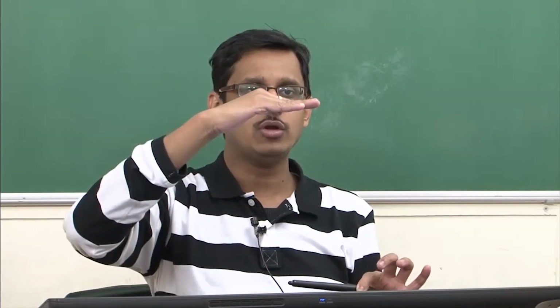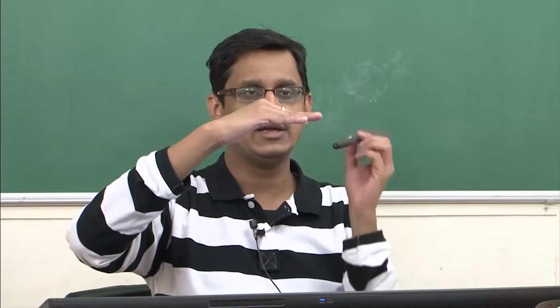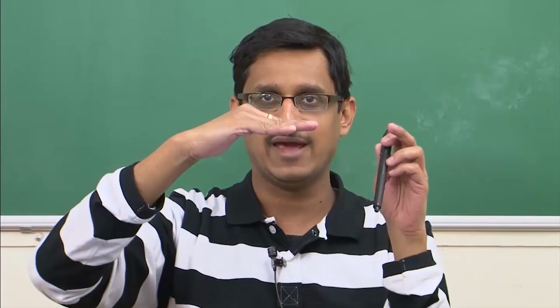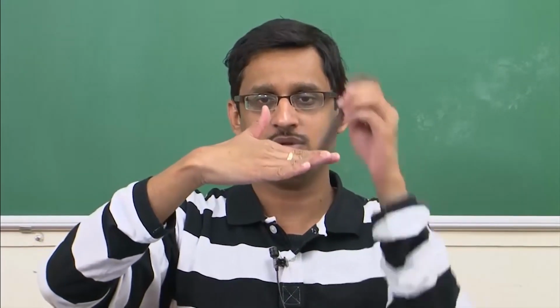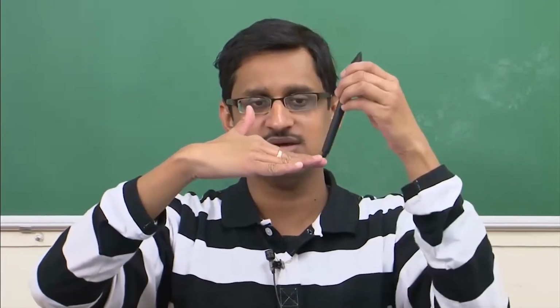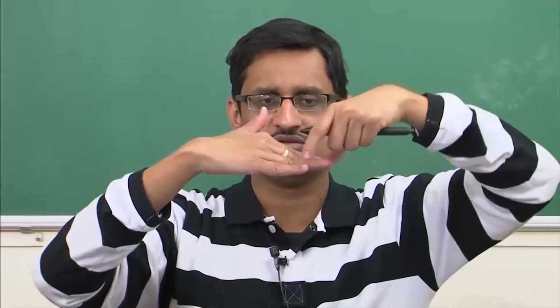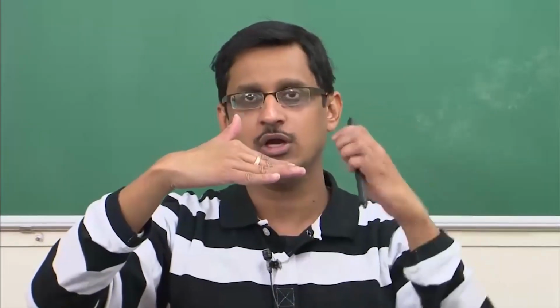Now, what you do is you consider an integration along the y axis. My fingers are pointing along the x axis, this thumb is pointing along the z axis, and therefore the y axis should be coming out toward me like this.